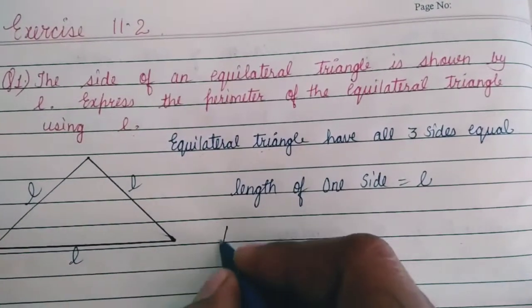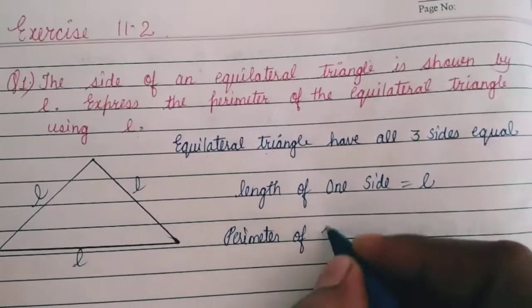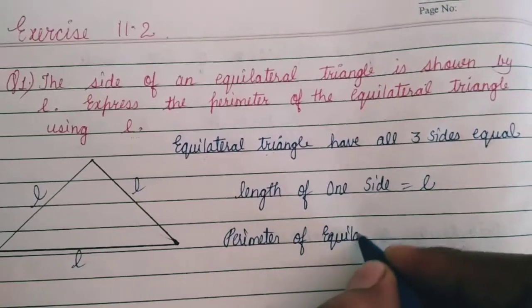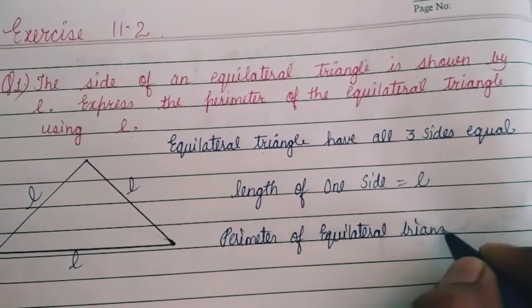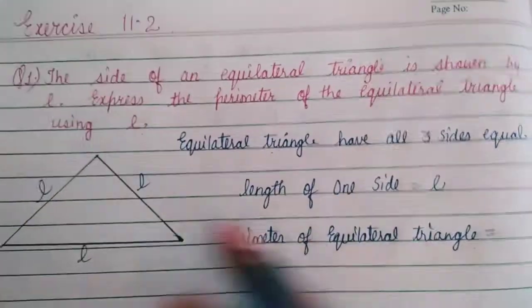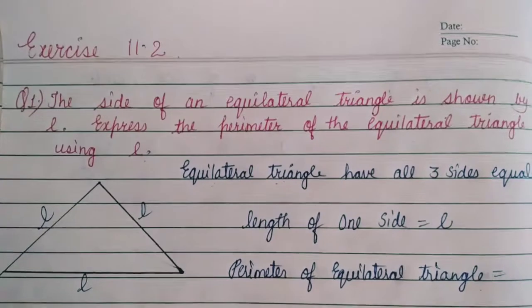So the perimeter of equilateral triangle can be taken by L plus L plus L, but we have to show here formula.